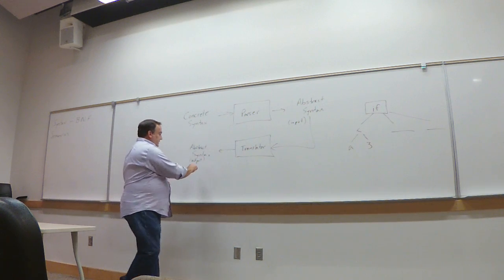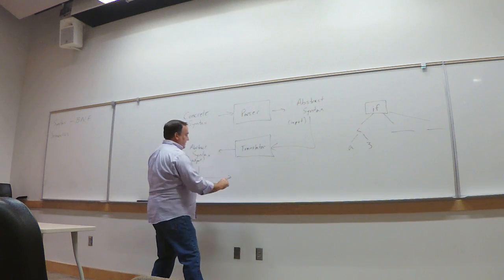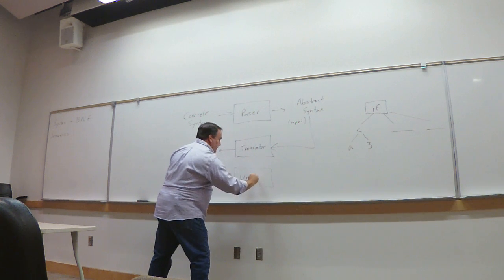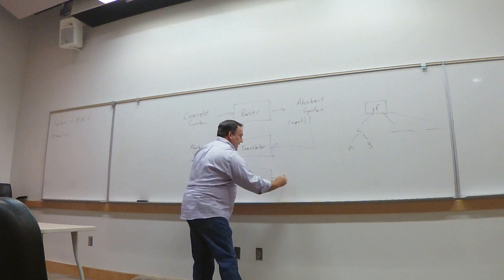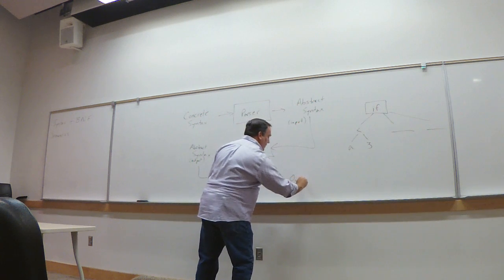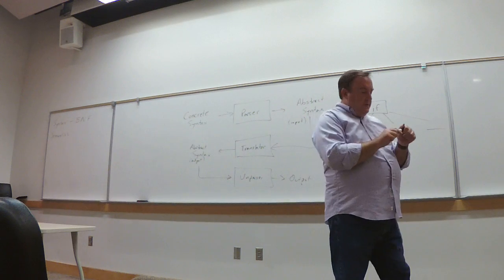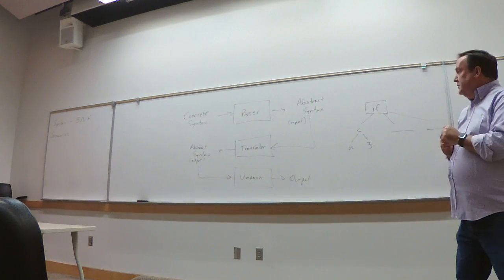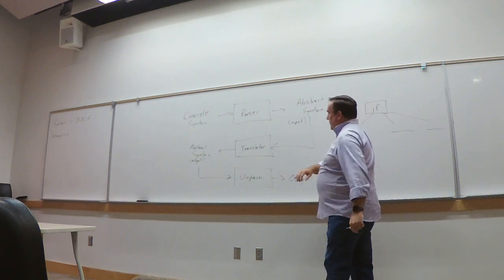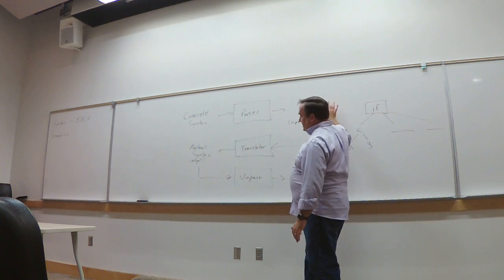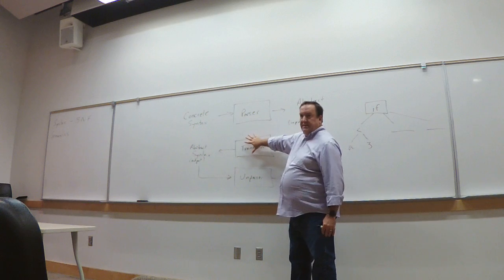Then what you do is you take that, and you feed it into something called an unparser. And it actually produces your output. So we're almost to the end, but I want to run through some quick examples with this. So what if I have the same abstract syntax here and here, and I just leave the translator out?